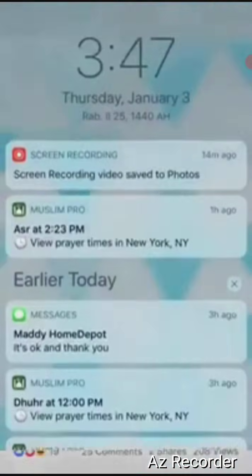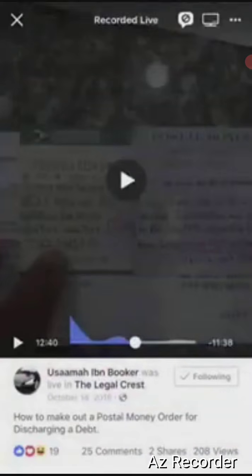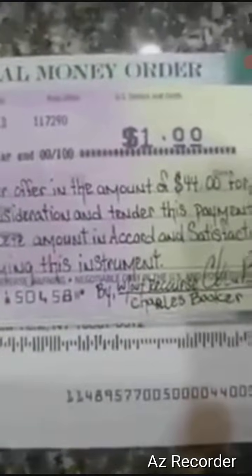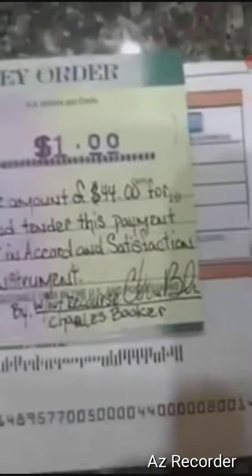All right? Cornell University, that is the leading authority on law, and that's what's going to pull up. You click on Cornell University and look right there, and it's going to tell you UCC 3-603, nice and clear. When a tender of payment is offered, right? What do we say? For valuable consideration and tender this payment.